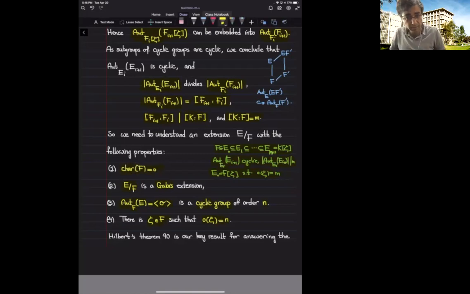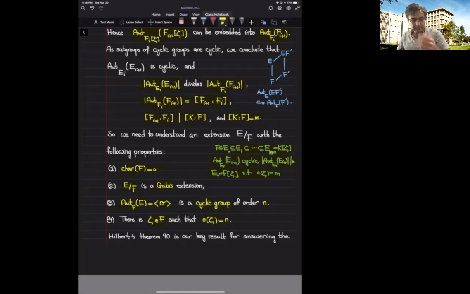So every block, except the first one, which is a generalized cyclotomic extension, looks like such an extension: E over F, a cyclic Galois extension of cardinality N, where the base field contains an element of multiplicative order N. Now, in order to understand this kind of field extension, we are going to show a result due to Hilbert.